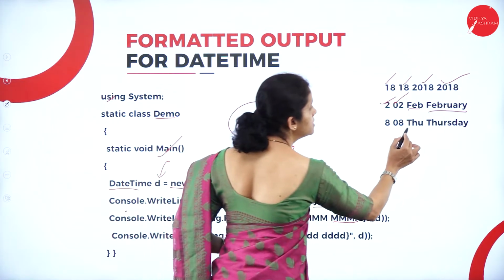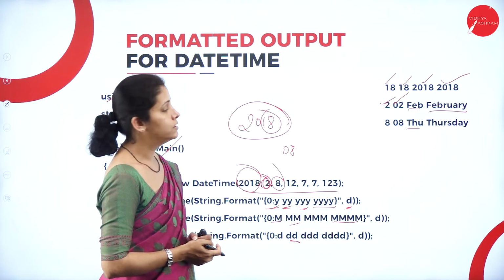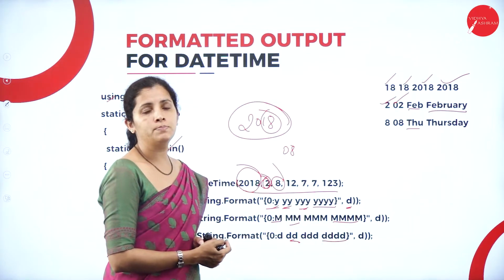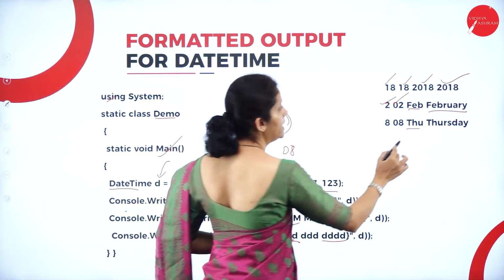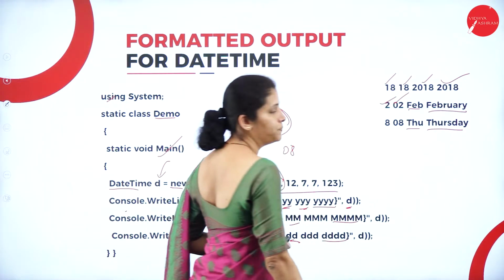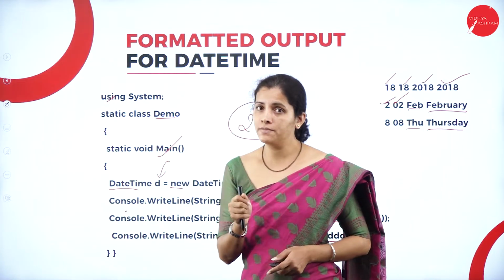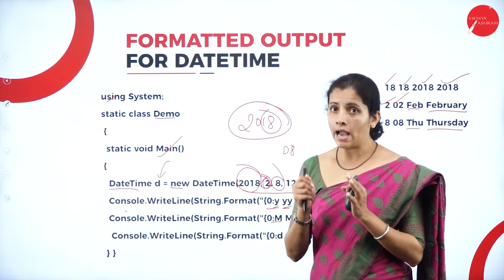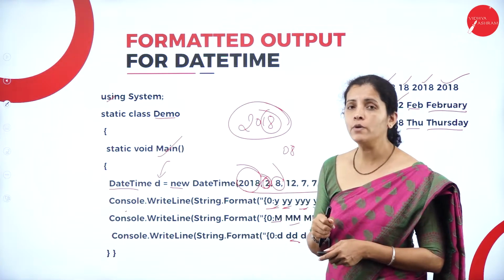Okay, so it is 3 characters or 3 letters. And if I have 4 D's, then I'm going to display the complete day name. So what is the day? That is Thursday. So here, by using all the format specifiers, I can arrange my output according to my need and according to my wish.